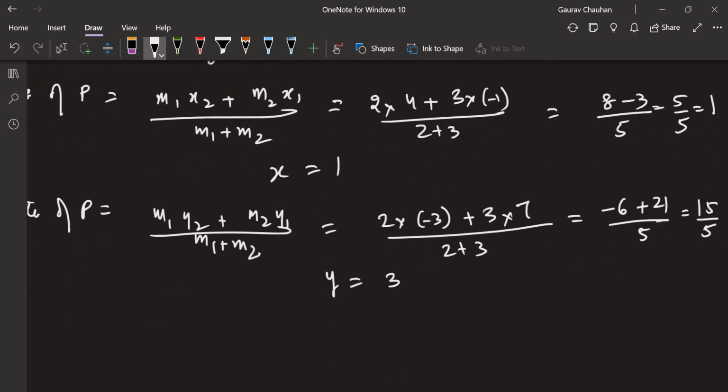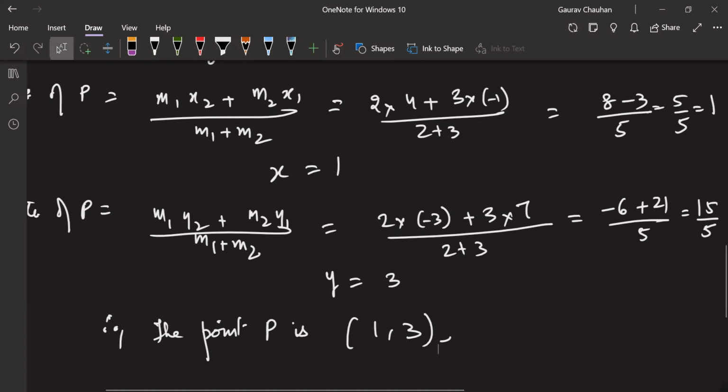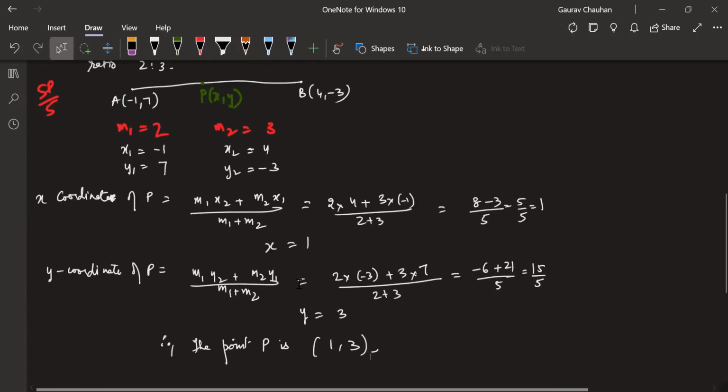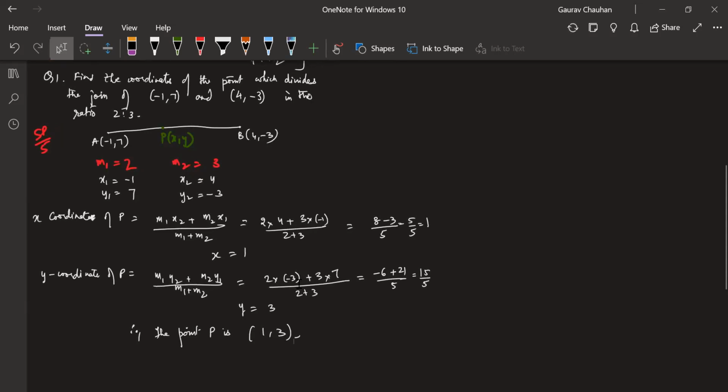Therefore, the point P is 1, 3. That's my answer. Simple. Do it yourself and check the answer on the board. I'm going to correct it right now.